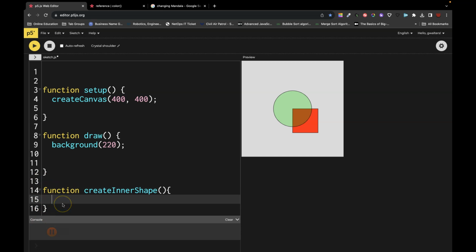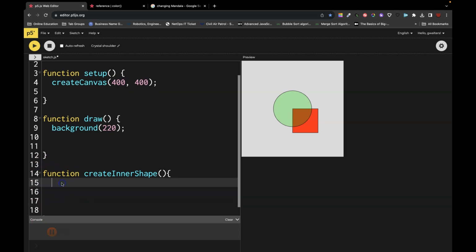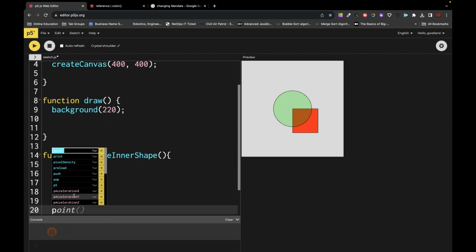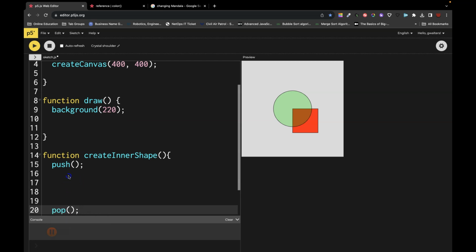In here, I'm going to build it off of simple shapes. I still want to use push and pop. I'm just going to start with push and pop. I know that I might put more push and pop in there, but I want to get in here and start drawing some shapes.